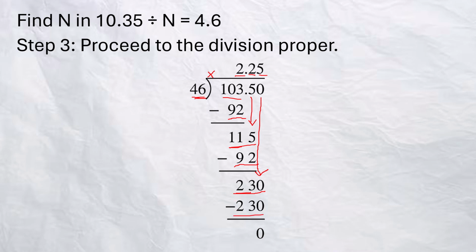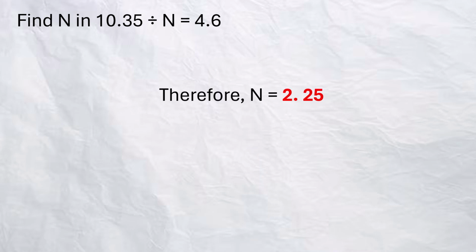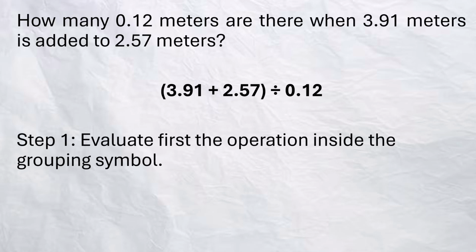And then 230 minus 230, that is 0. So therefore, the value of n in our equation is 2.25. For the next one, how many 0.12 meters are there when 3.91 meters is added to 2.57 meters?